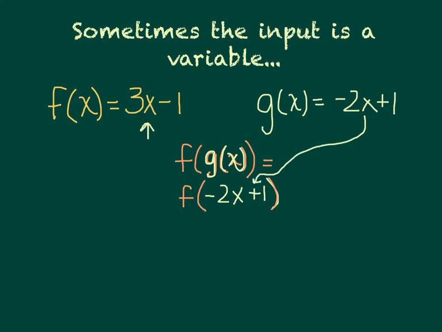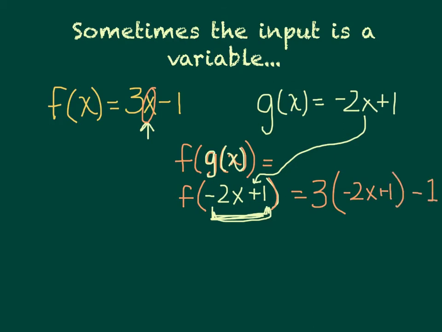The next step is going to take this whole expression and replace the x in f of x. So f of x is 3, and then we have x, so that's where I'm going to put my negative 2x plus 1. Then I still have that minus 1 in f.